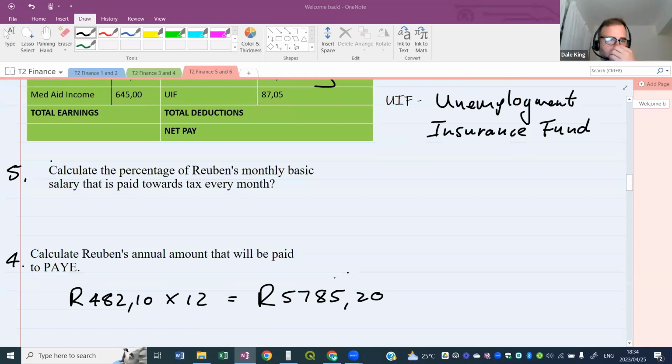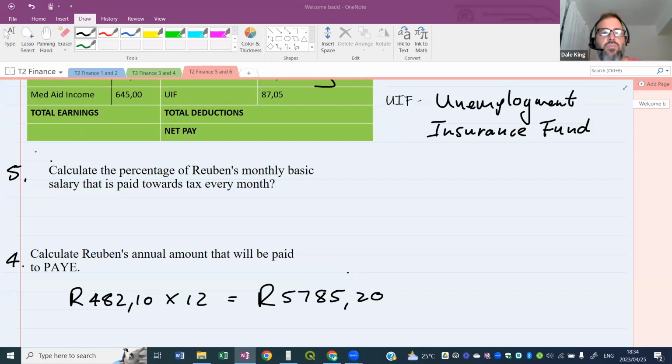Question 4, we don't need to multiply by 100. For question 5, we will, if it's a percentage calculation, but question 4 isn't a percentage calculation. It's just calculating an amount. So for question 5, we will need to times by 100.